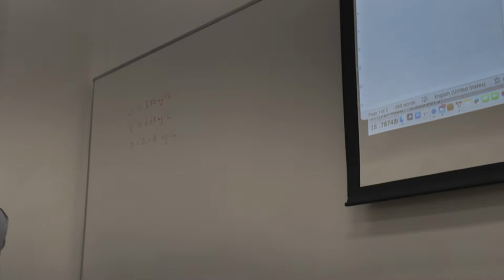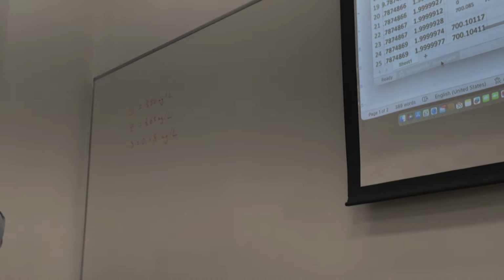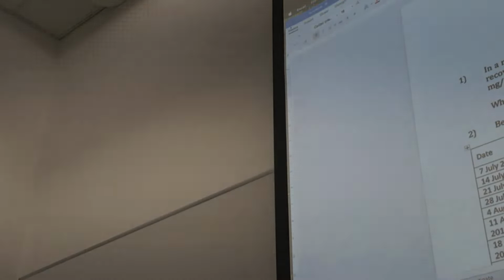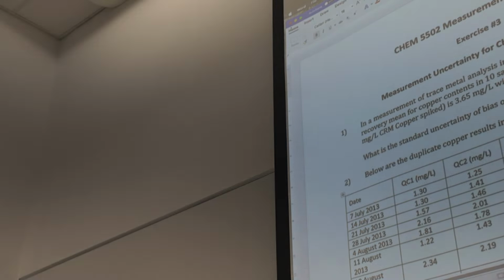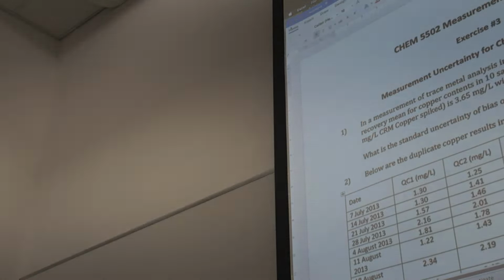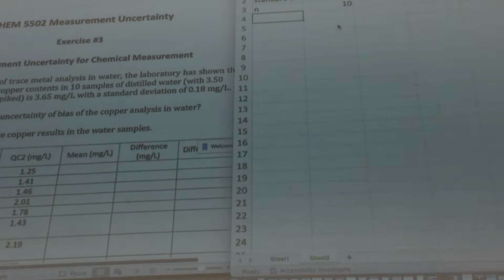So what you have to do. We have the standard deviation equal to 0.18, and n equal to 10, and the mean.